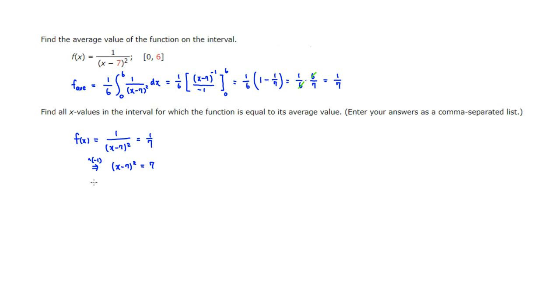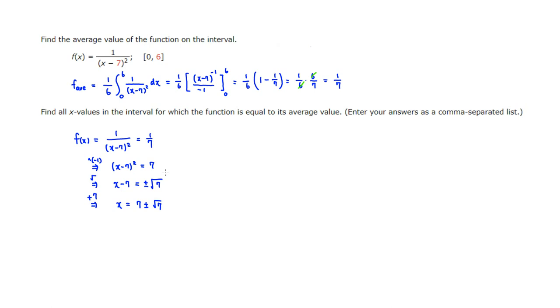Then we can take the square root of both sides. Then you have x minus 7 is equal to plus or minus square root of 7. Then by adding 7, we have x is equal to 7 plus or minus square root of 7.